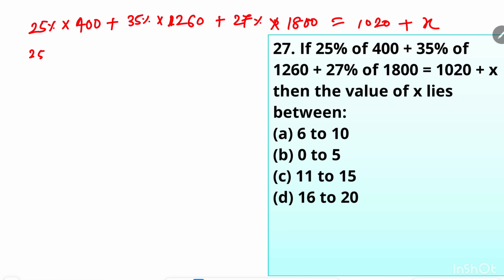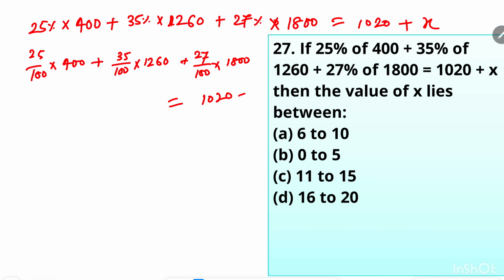So 25 over 100 times 400 plus 35 over 100 times 1260 plus 27 over 100 times 1800 is equal to 1020 plus x. You understood? Now you can do a little bit of calculation here. In the first term it will give you 100.